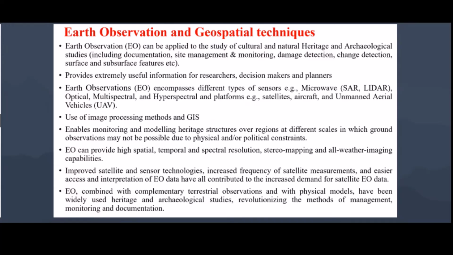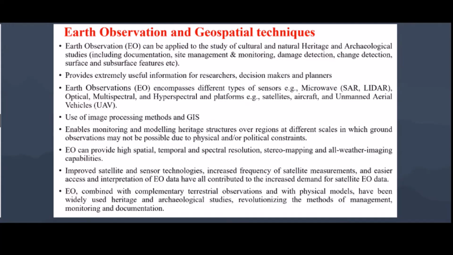And this offers clues that cannot be perceived from the ground. If on the ground, when we go and do physical examination, our field of view becomes very limited, and we are not able to see things in relation or context to each other, which forms a very, very important part of archaeological interpretation or heritage management.